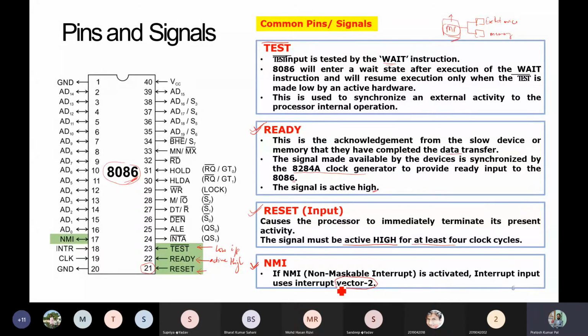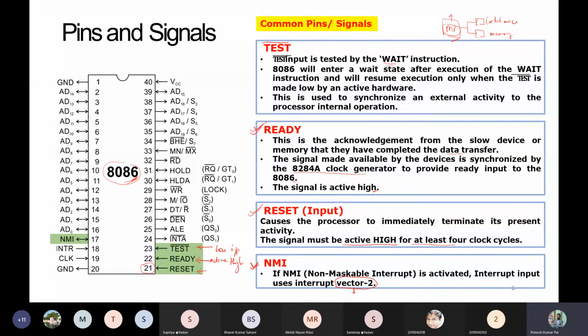Whatever interrupts are available at the vector 2 location will be activated and executed by the microprocessor. So once NMI is activated, it will activate the interrupts available at the vector 2 location. We will see that later in the interrupt part.